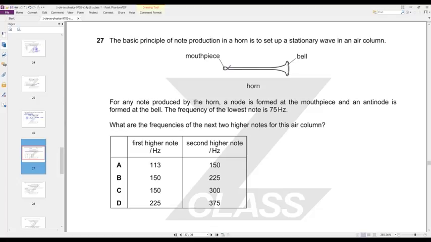So I'm guessing they will allow you to have just this, where a genuine quarter wavelength goes to here? I'm assuming they would. That would make the answer B. Is the answer B? No, the answer is D.